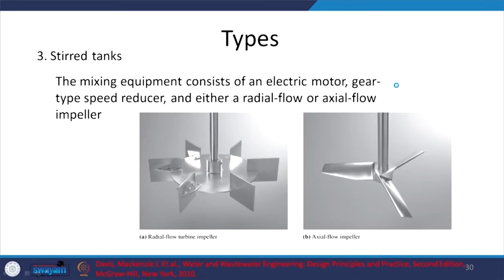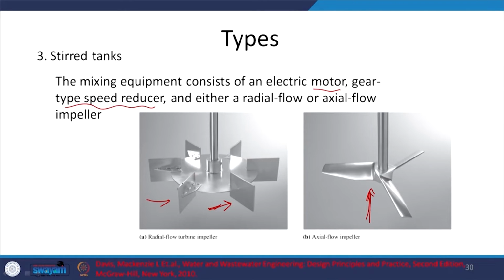So let's move on. Again, the types of mixers here, let's see. So mixing equipment consists obviously of a motor and speed reducer or regulator, and either a radial flow, this is radial flow, think of this, and this is axial flow, different depending on the type of flow, radial flow or axial flow impeller. Again, why is this relevant?